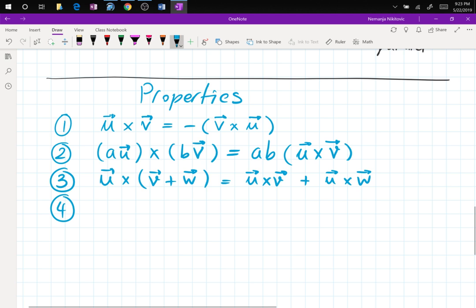And because it's not commutative, we also have to say that u plus v, times w, I mean not times, cross, it's times, but is u cross w plus v cross w.